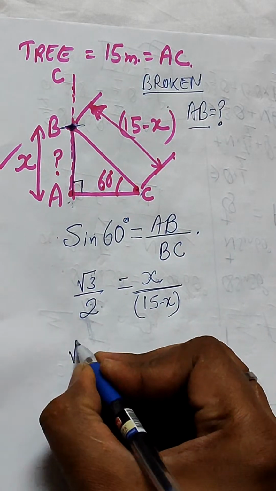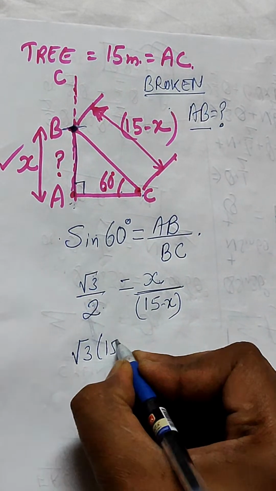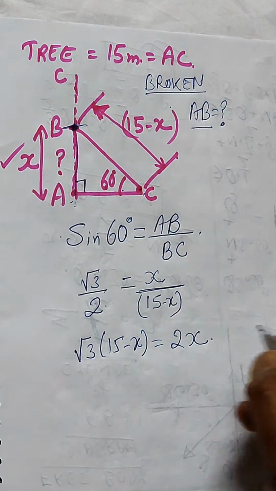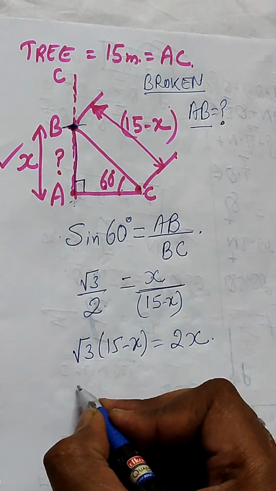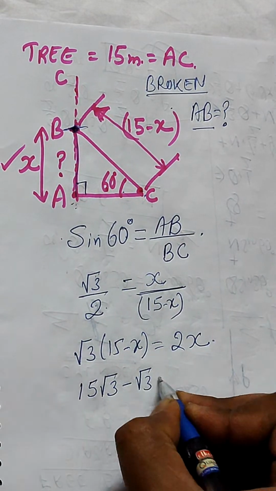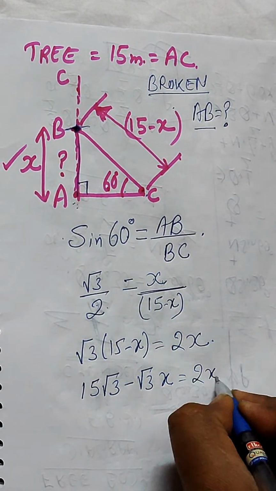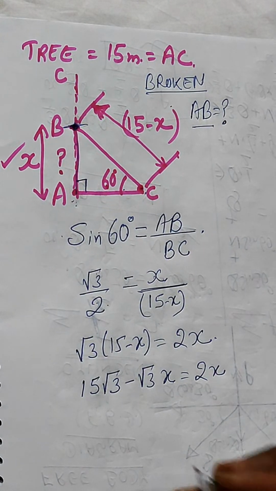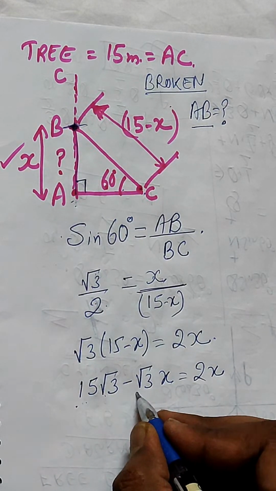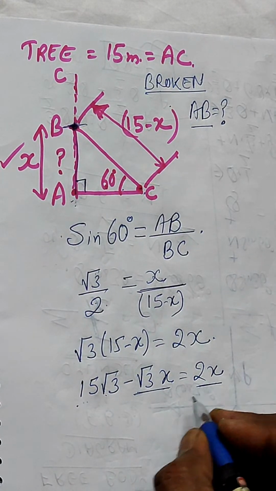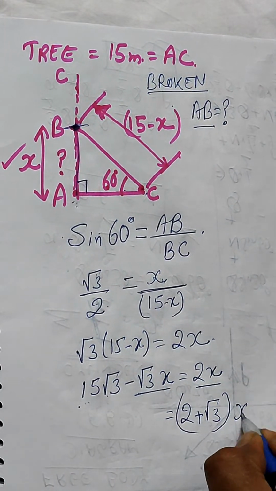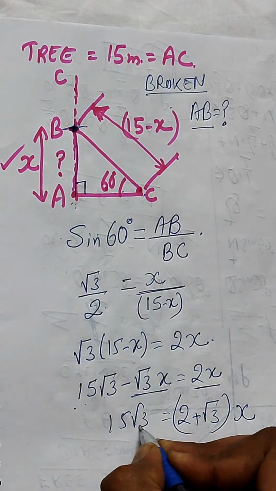This will give you root 3 times 15 minus x equal to 2 times x, right? And this will give you 15 root 3 minus root 3x equal to 2x, which in turn, bringing x to one side, gives you 2 plus root 3 times x equal to 15 root 3.